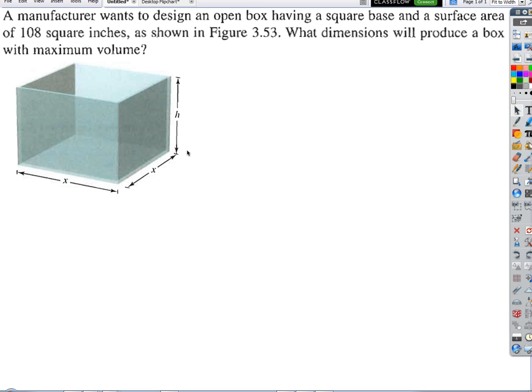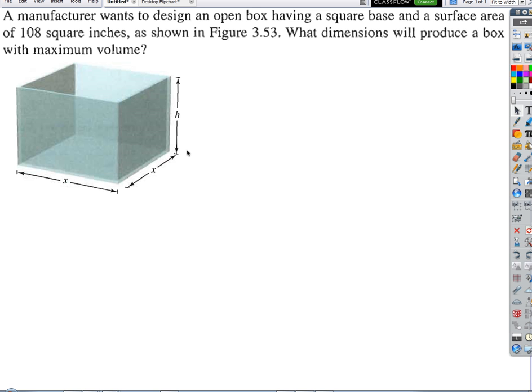Step two is big. Step two is we want to come up with the primary equation, and the primary equation will always represent the quantity being optimized. That's always where we start. So what is it that we're trying to minimize or maximize here? Volume.